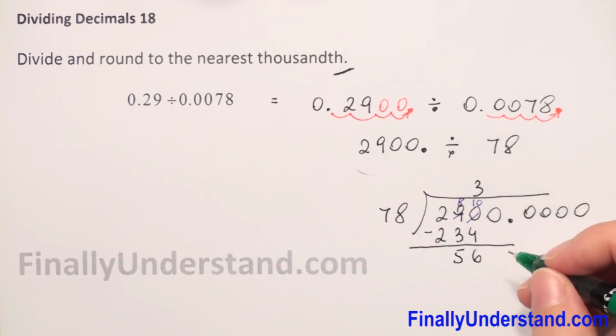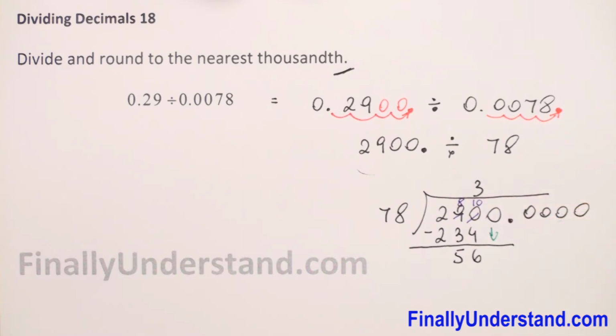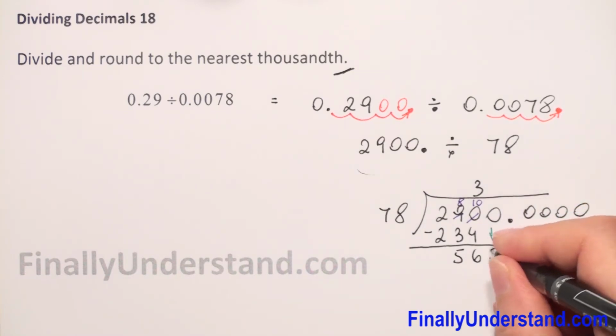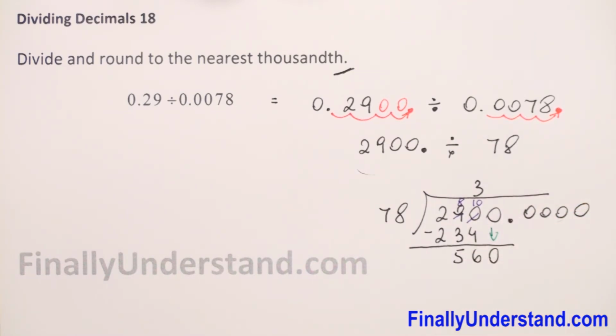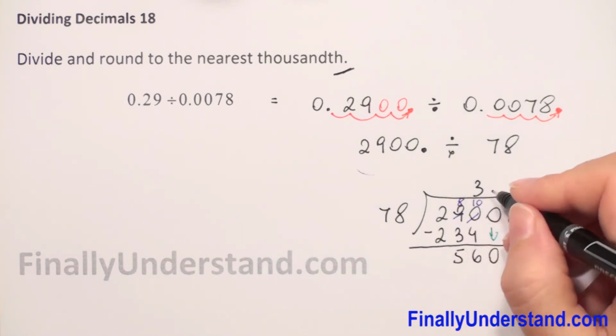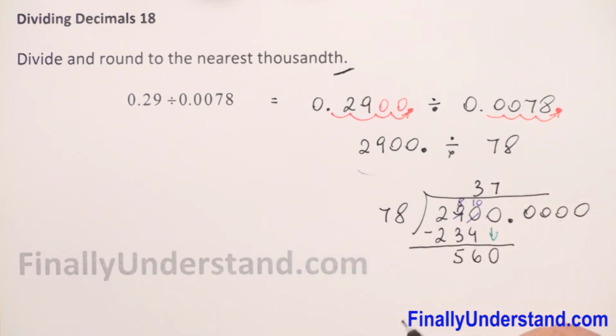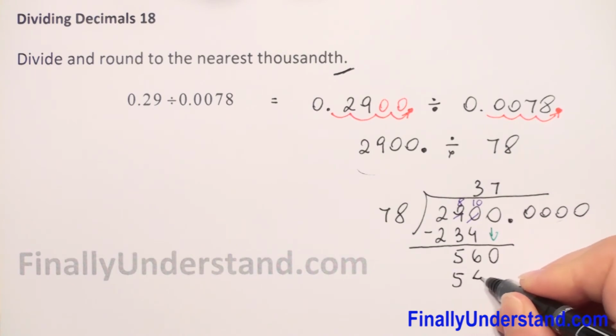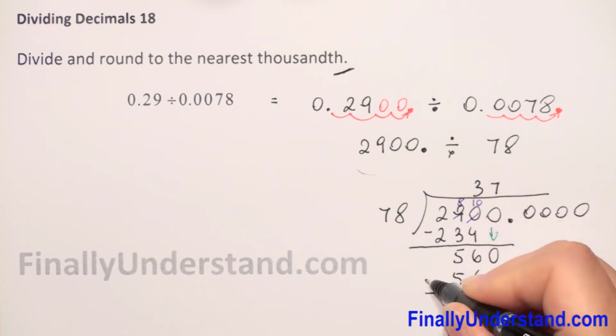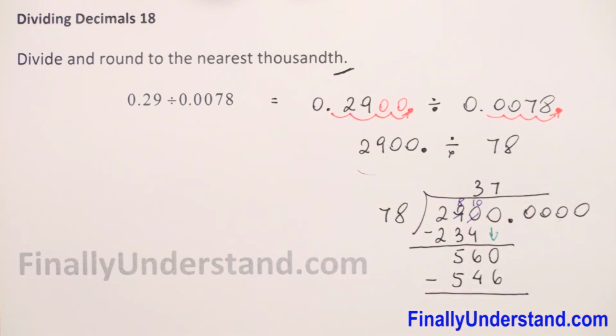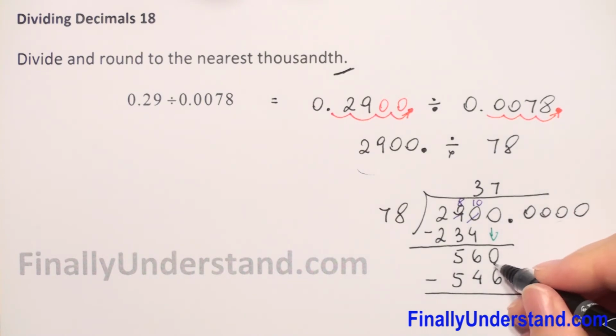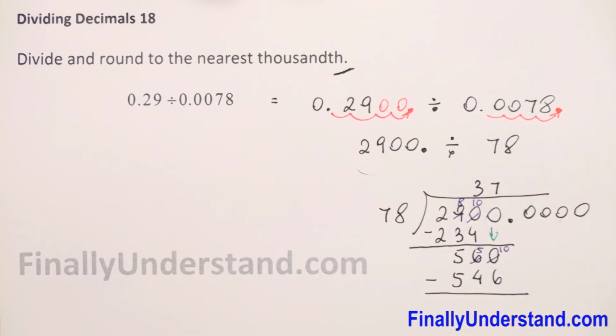What next? We have to take down the next 0. So we have 560 divided by 78, so it will be 7. 7 times 78 is 546. And now we have to do subtraction. 0 minus 6, we have to borrow 1 from 6, so it will be 5 now, and 10 at the end. 10 minus 6 is 4, 5 minus 4 is 1, 5 minus 5 is 0, we don't have to write.